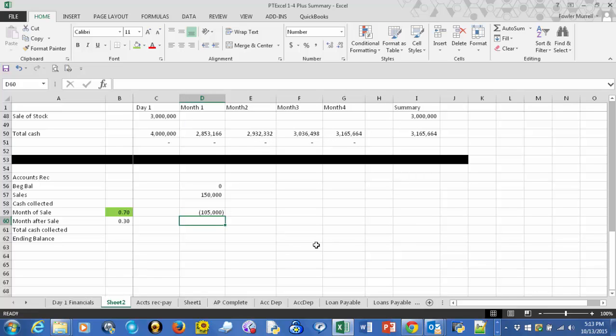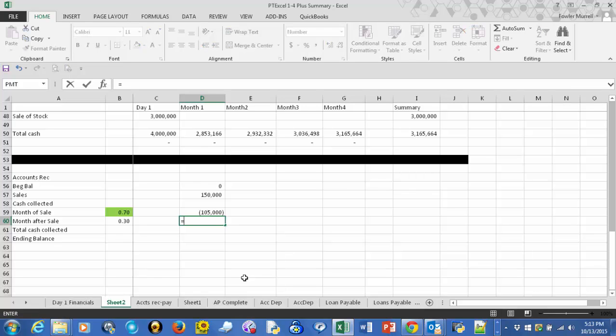That number will be 30% of whatever those sales would be. So the formula would be just like this one, except it will be 30% times the sale in the preceding month.